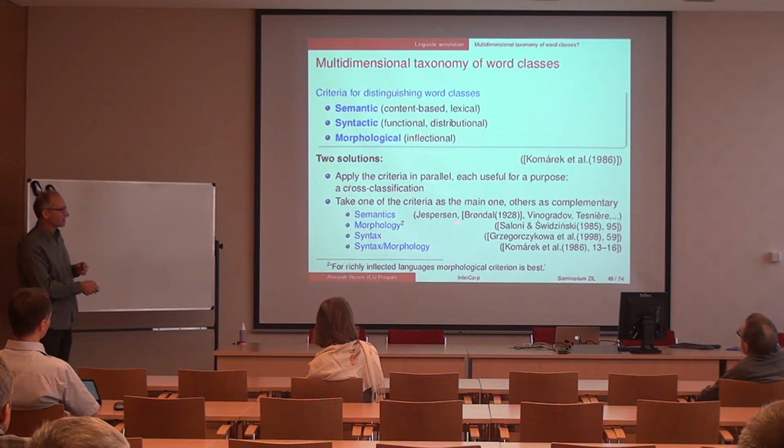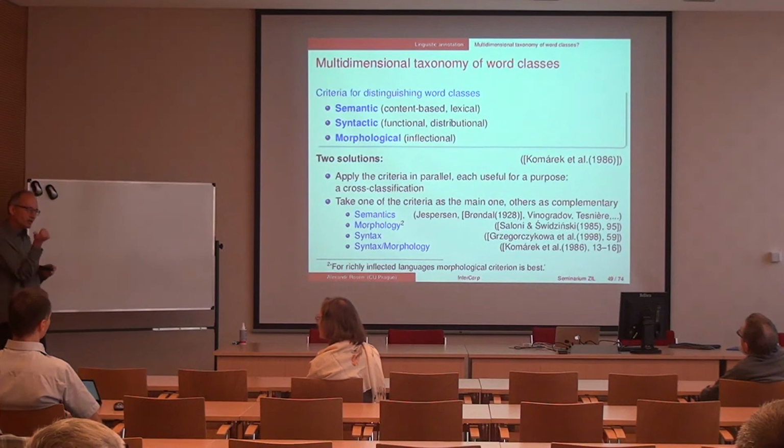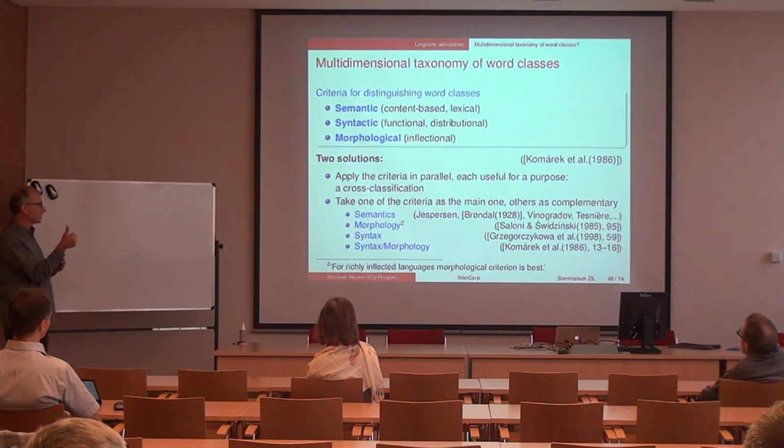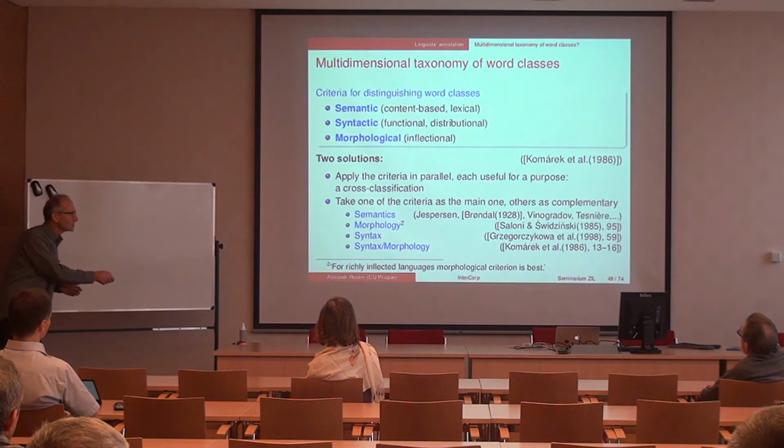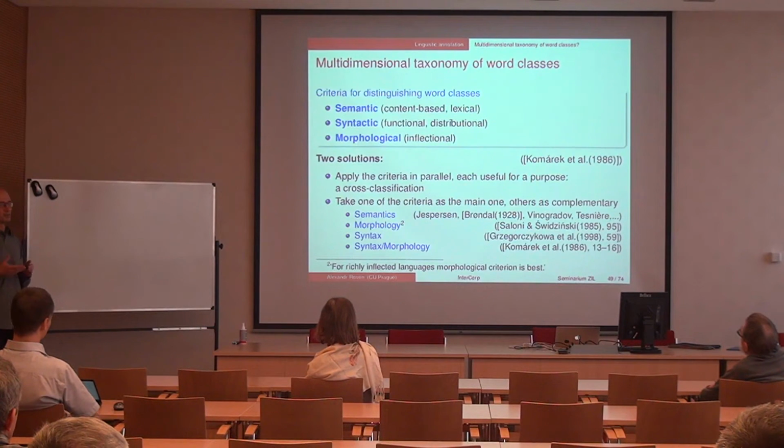So these are examples where you pick one as the main criterion, and the others maybe as supplementary. Yeah, so the Polish tagset is actually based on the morphological criterion, and the authors here claim that for richly inflected languages, the morphological criterion is best. And I quite like that system, because it's so clear and doesn't have the loose points that others have.